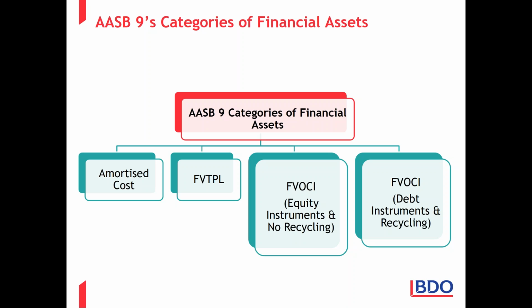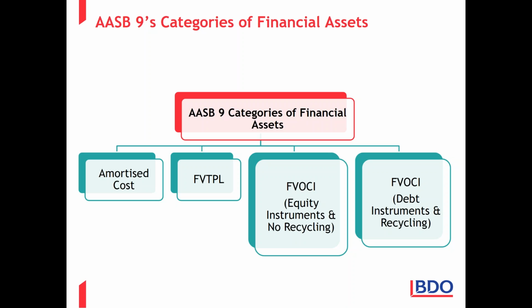So what I mean by that is when you sell these equity instruments and you have a revaluation reserve, and you don't like to have a revaluation reserve after you've sold the underlying shares, you cannot say debit revaluation reserve, credit profit and loss. The only thing you can do is debit revaluation reserve and credit retained earnings directly in the statement of changes in equity.